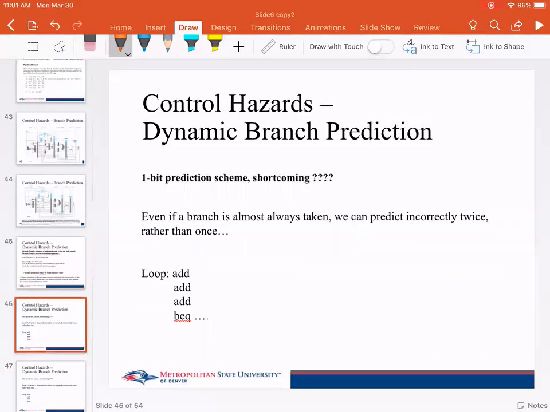So let's look at a simple example. The easiest type of dynamic branch prediction is called a one-bit prediction scheme. So what does it mean? Inside the host processor, we could have one small buffer used for branch prediction.